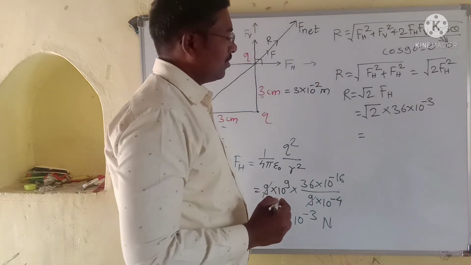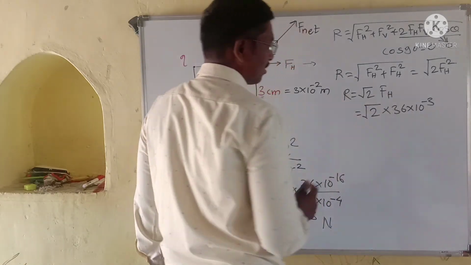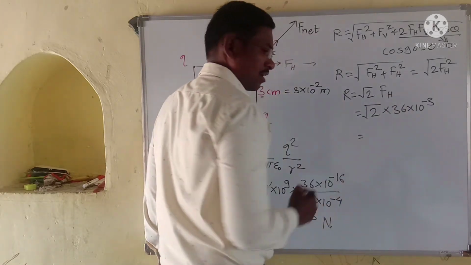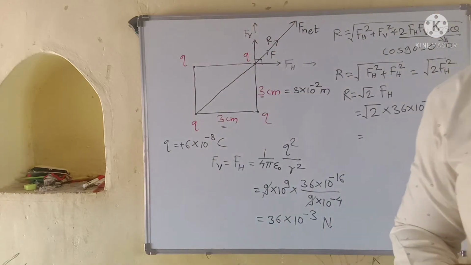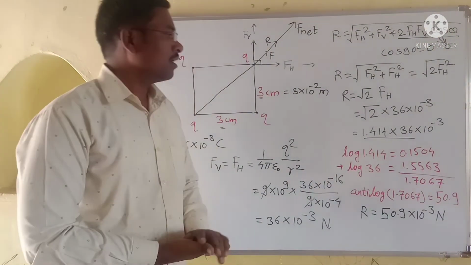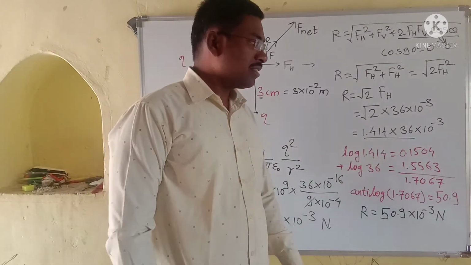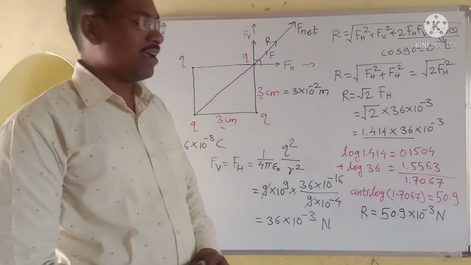Using the log table, this calculation can be written as 1.414 multiplied by 36 into 10 raised to minus 3.